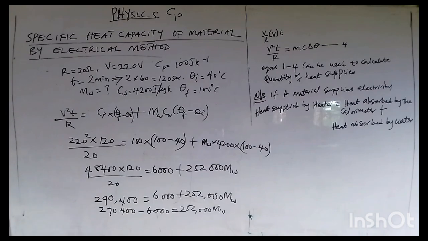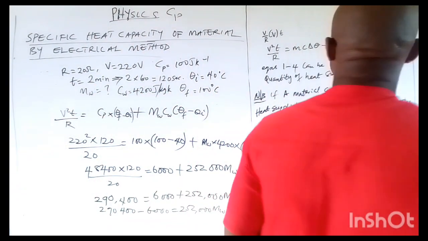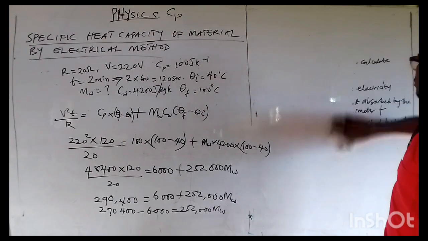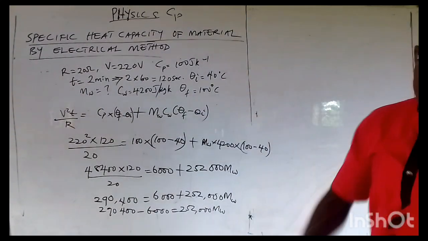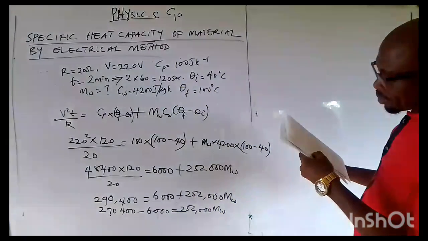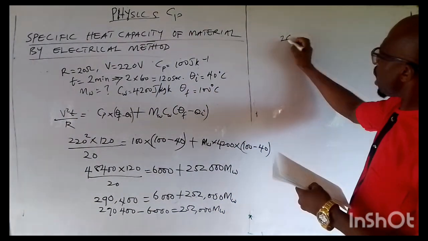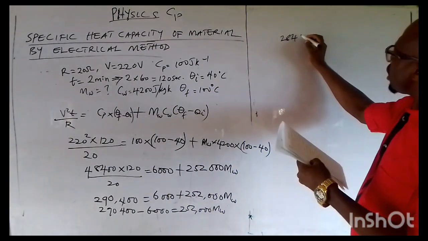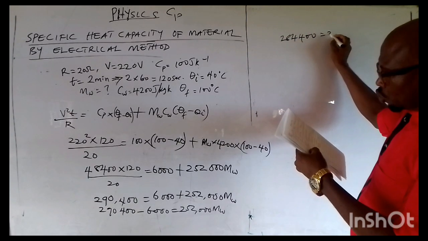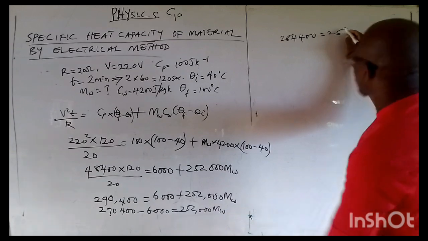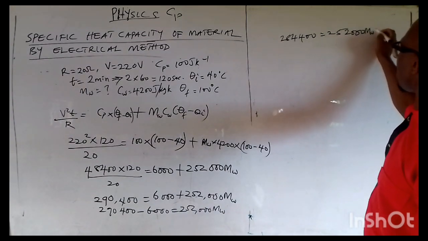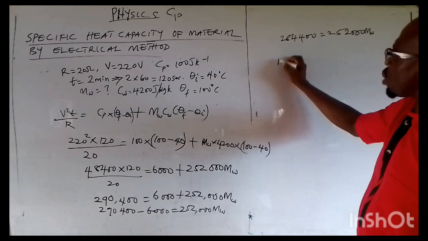Now, if we subtract this from that, we have 284,400 is equal to 252,000 MW. We can make mass of water the subject.